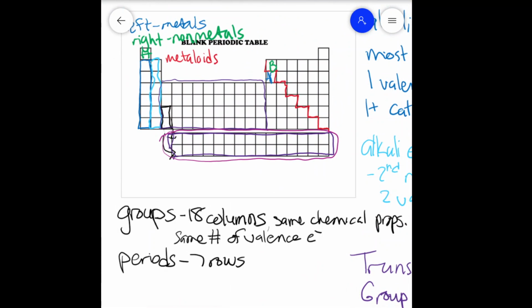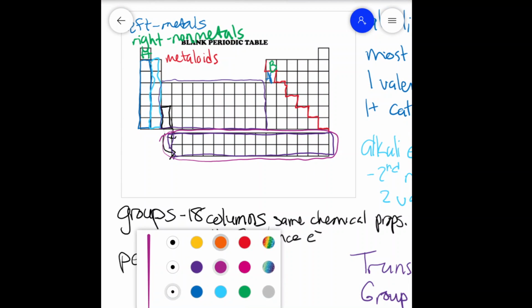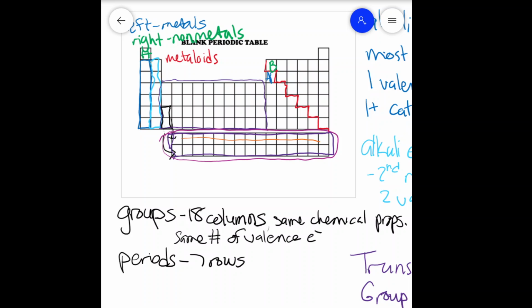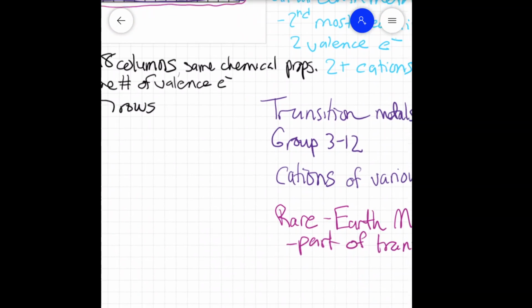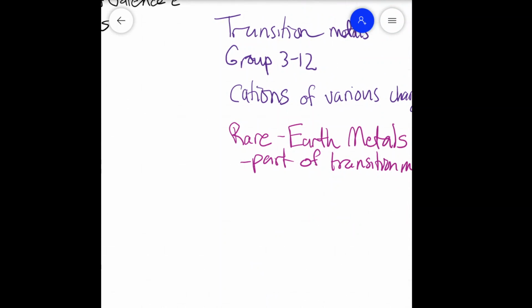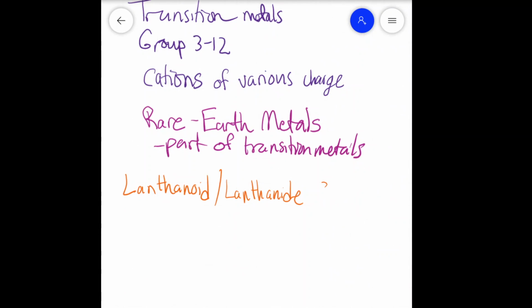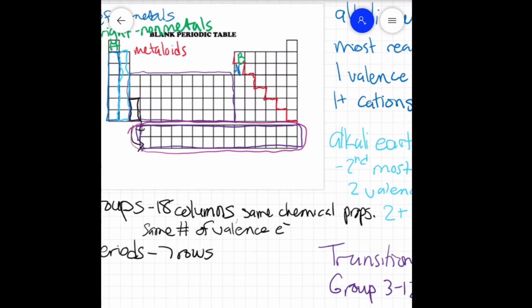So the top row, this row, that is the lanthanoid, also the lanthanide series, and that's just that top row, and that's because the first element is lanthanum or something like that.